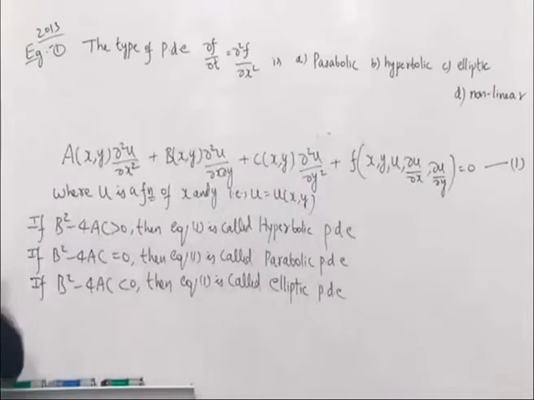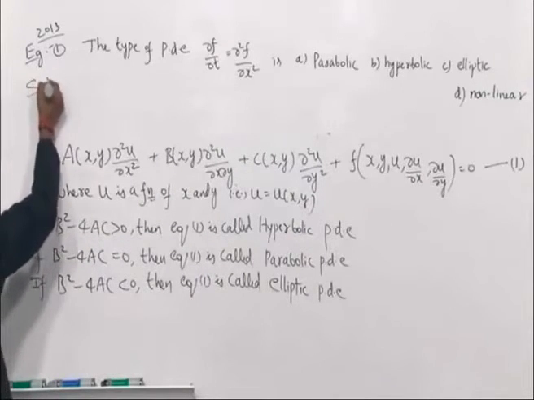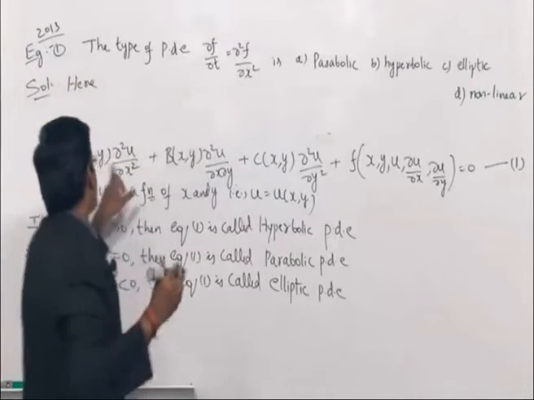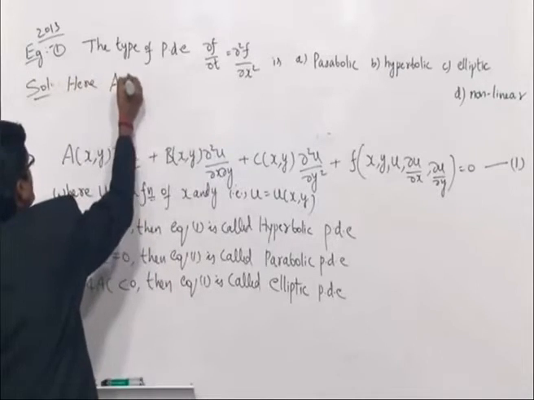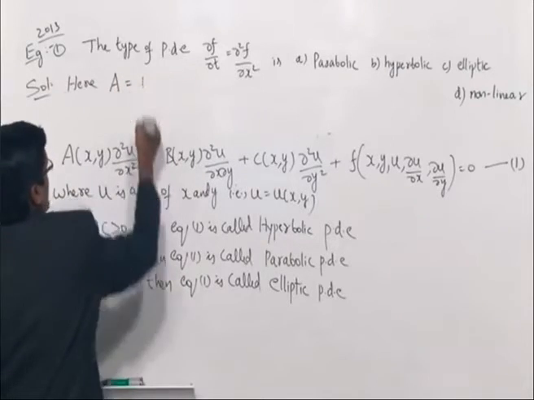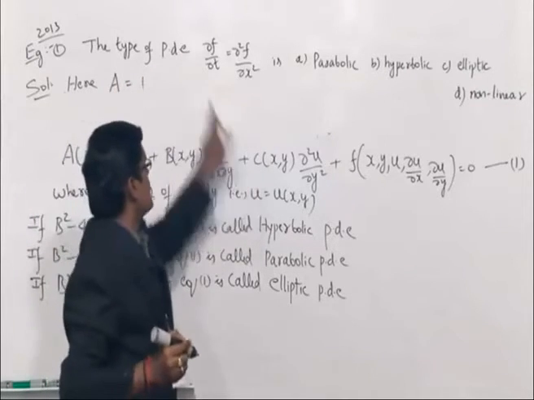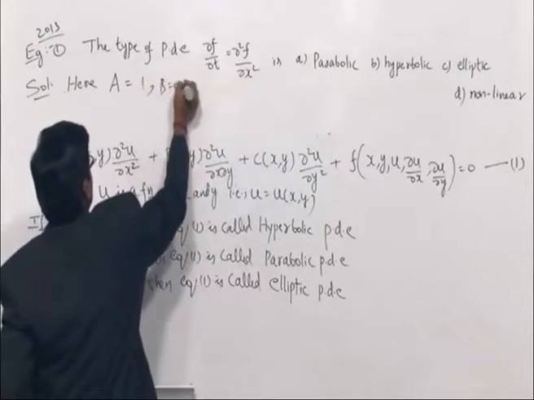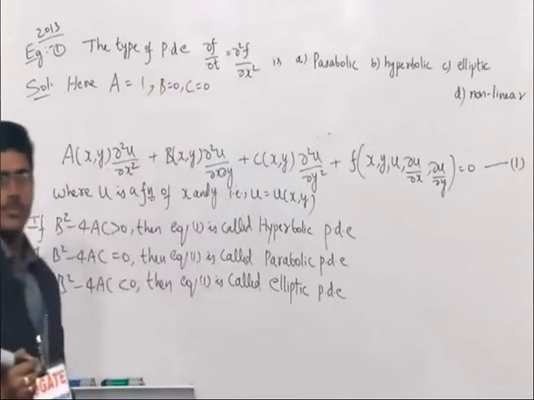Just compare the solution. Here, if you consider this is the first derivative like this, A is equal to how much? 1. Bring all the terms to one side. So no other second derivative.